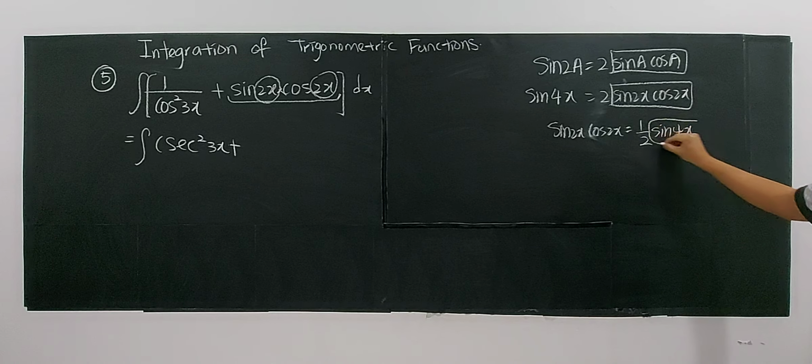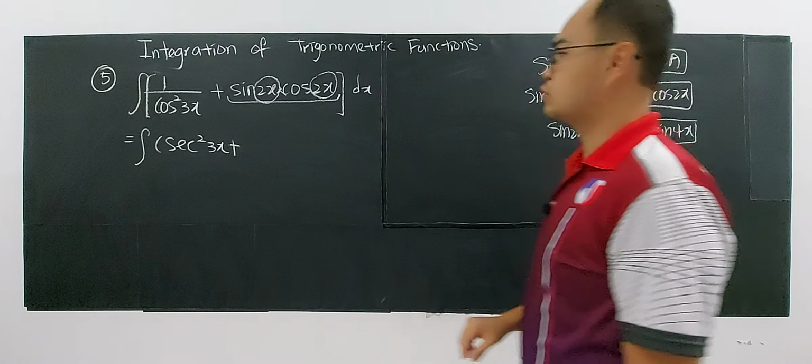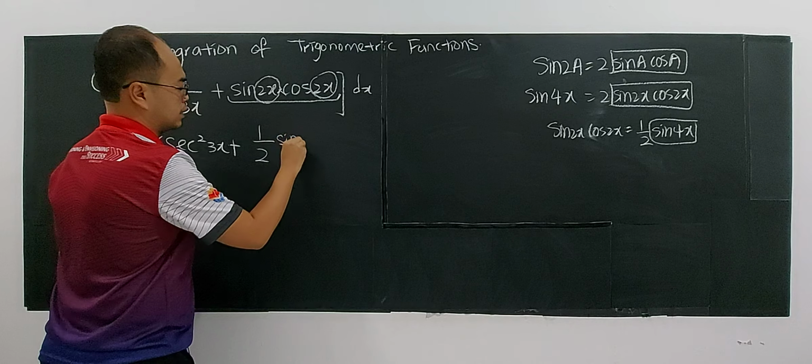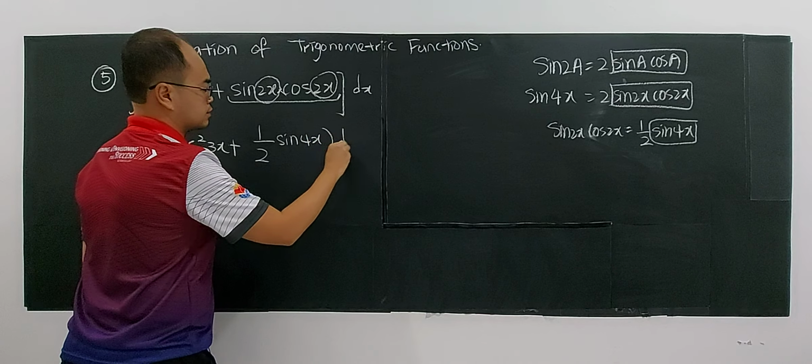It becomes a single term, right? Then only you can start using that formula, which is you're getting 1 over 2 sine 4x dx.